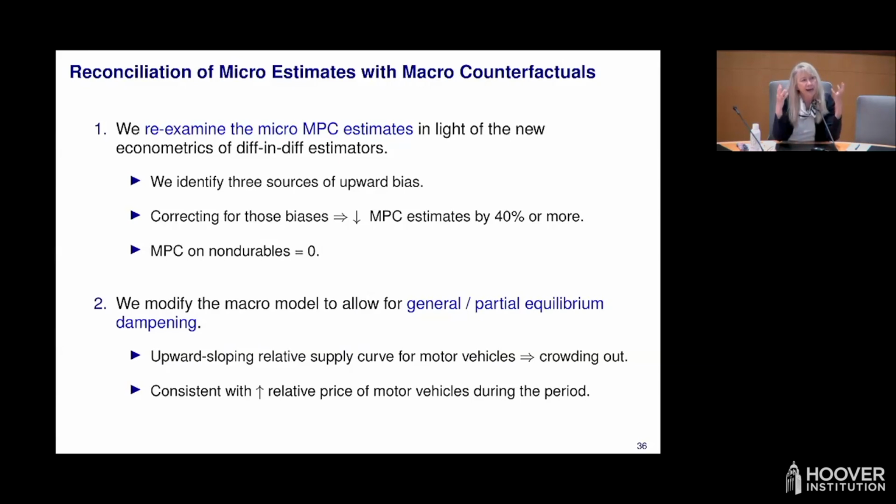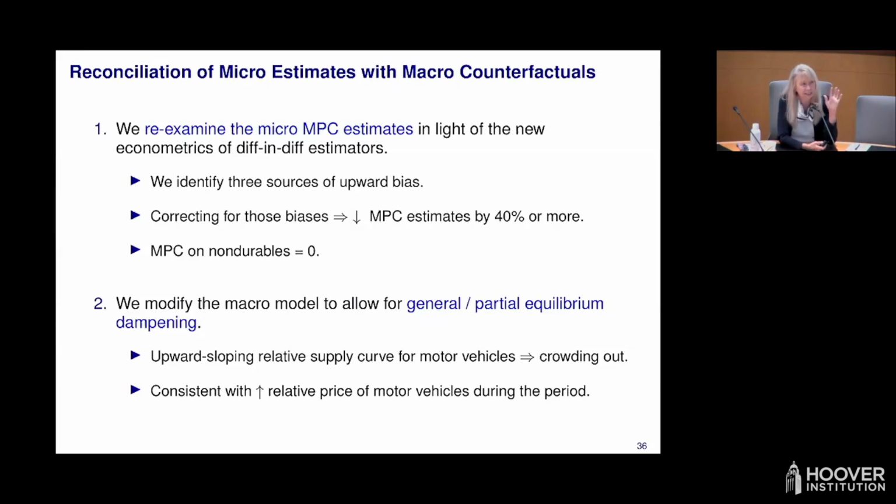Now, we had to have a more complicated consumer problem in this model, because if you just put durables in as usual, you get such high elasticities that you would just have this huge decline in the demand for durables. So we figured out a nice way of putting Calvo adjustment costs that are consistent with the micro estimate.